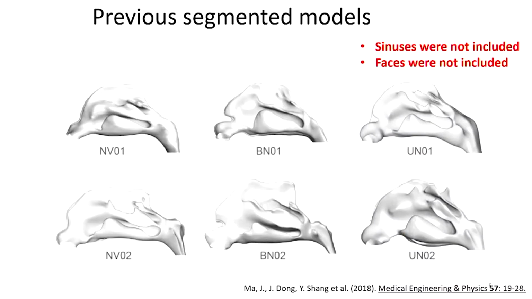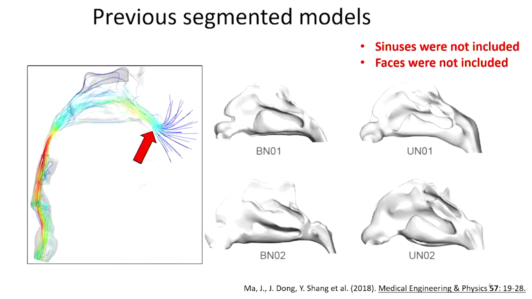But why are the faces important? This is because when you are performing a CFD simulation, the airflow distribution at the nostrils is usually not uniform. It's biased. By keeping the face, it will create a realistic airflow near the nostril, therefore guaranteeing an accurate simulation inside the nasal cavity.